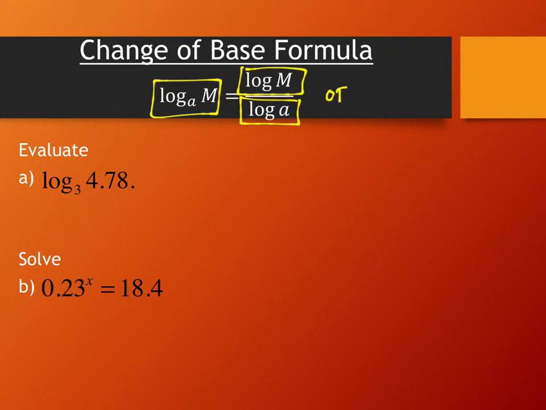And it's actually true that you could do the natural log as well, the natural log of m divided by the natural log of a. So your calculator would be able to do either of those operations and to find a decimal approximation for the value you were working with.